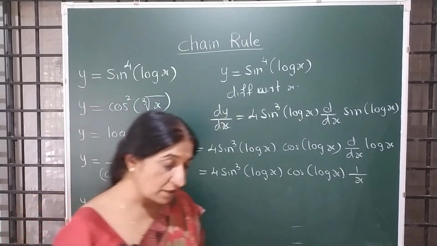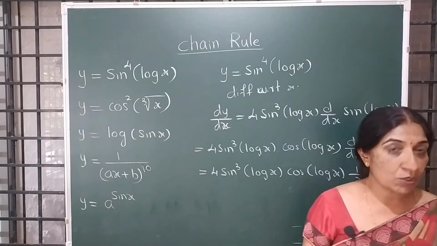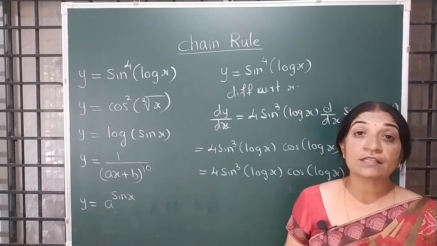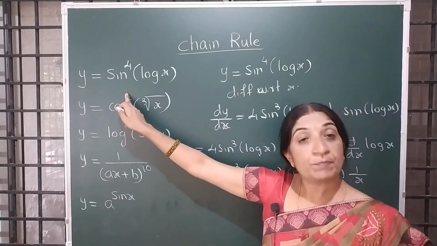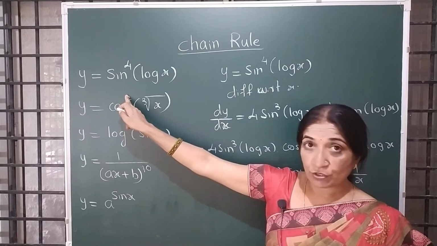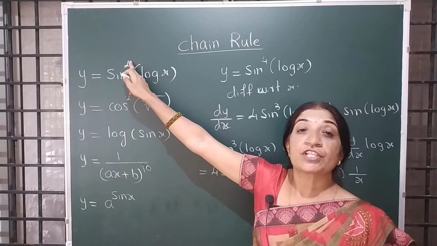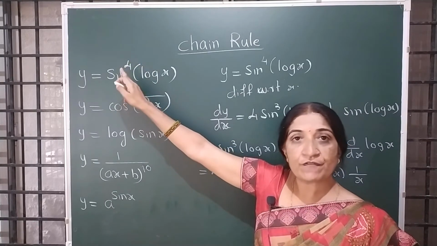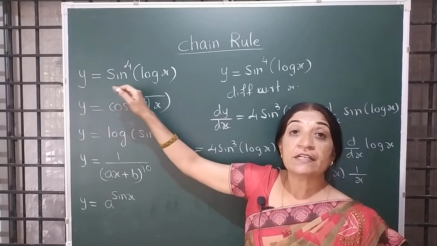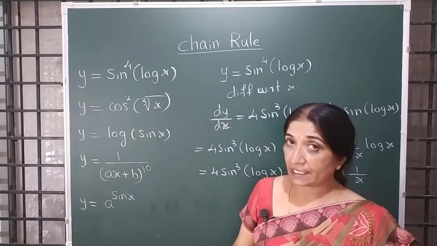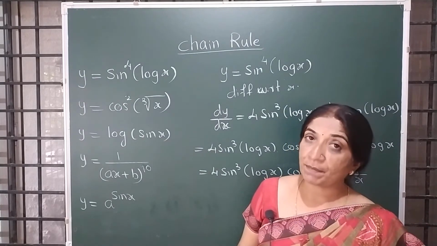Please note down, if you are differentiating a trigonometric term other than a simple trigonometric term like this, first you have to differentiate the power. After differentiation of the power, close that power. Differentiate the trigonometric term, that is the second step. First step, if the power is other than 1, differentiate the power.